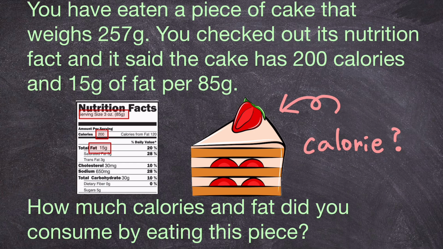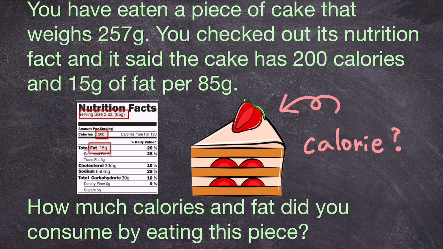So the question says, you've eaten a piece of cake that weighs 257 grams. You checked its nutrition facts and it said the cake has 200 calories and 15 grams of fat per 85 grams. Now, you shouldn't think that you only consumed 200 calories after eating this cake, because it's based on a serving size, assuming that you only ate 85 grams of this cake, and obviously you didn't.